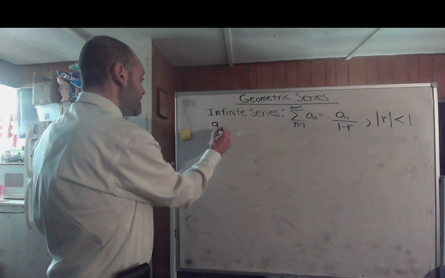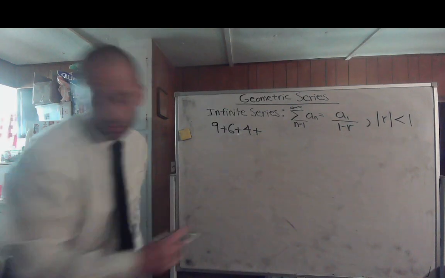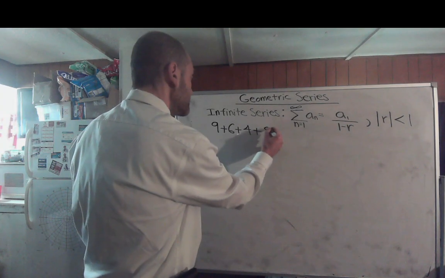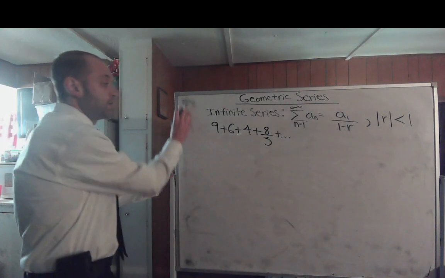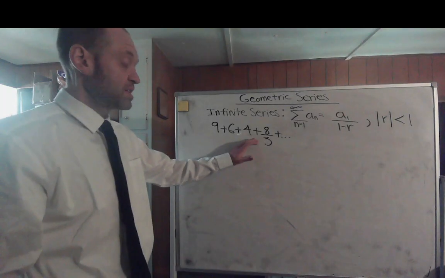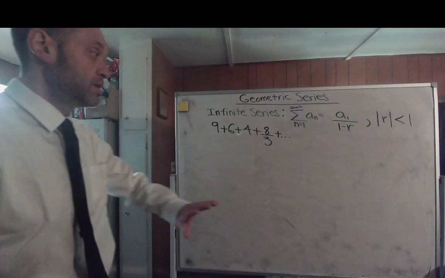Okay, let's do another one here. We have 9 plus 6 plus 4 plus, what do we have next? 8/3. And it just keeps on going and going and going. We have another infinite series here, 9 plus 6 plus 4 plus 8/3 plus, it goes on till kingdom come.